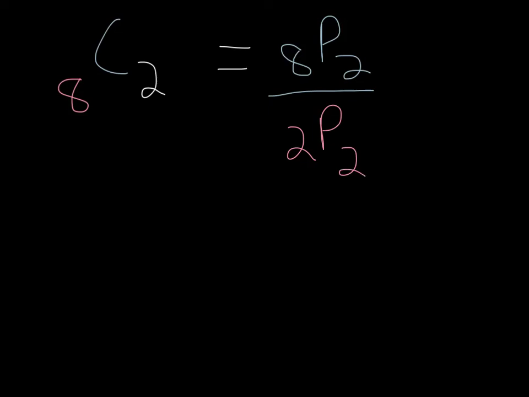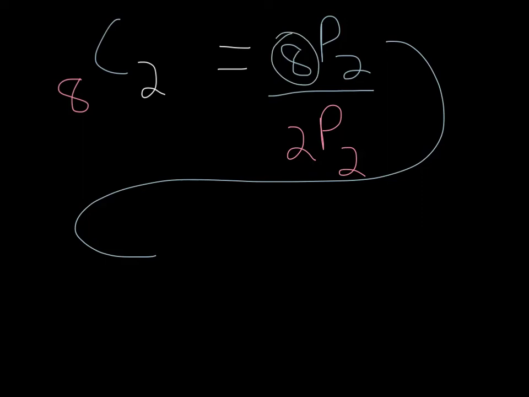I know you're going to say that one was really confusing, so let's just try that again. I did 8C2, so I'm making a combination. If I translate that out, I would say 8P2 over 2P2. Let's bring this numerator down here. What's my starting number? It's 8.